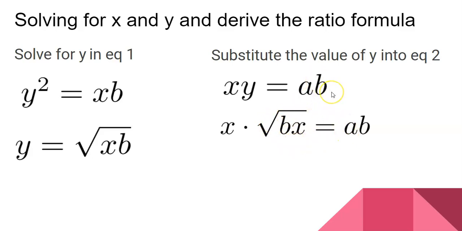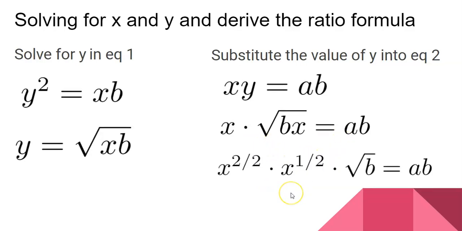So we copy the right side. Next, we rewrite this equation this way. So x raised to 2/2 times x raised to 1/2 times square root of b is equal to ab. We add the exponents of these two factors because they have a common base here, right?